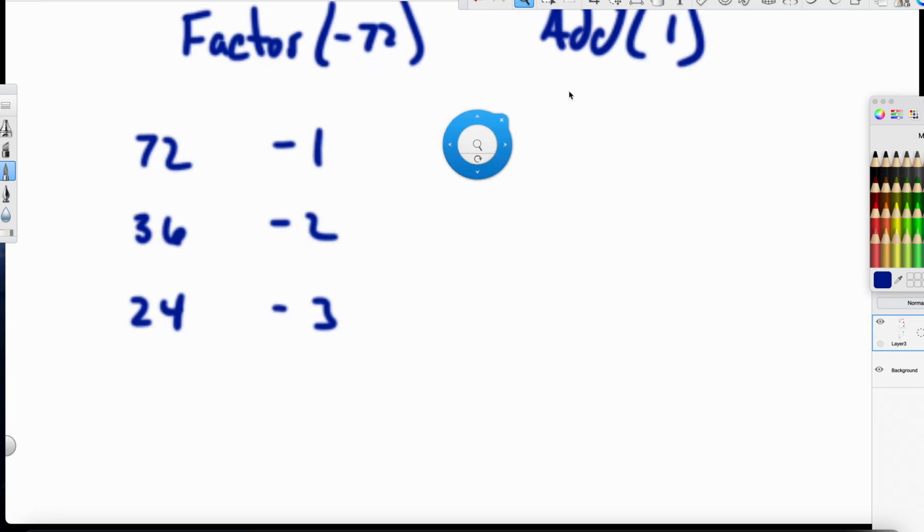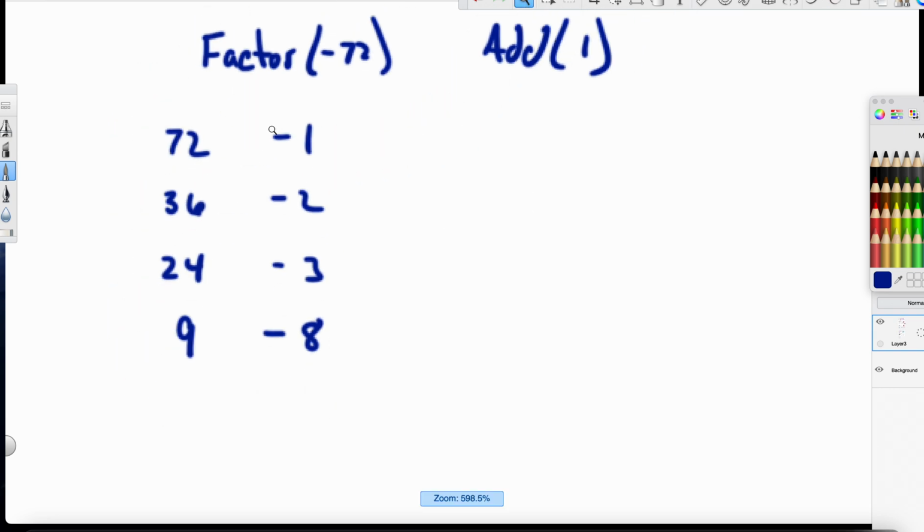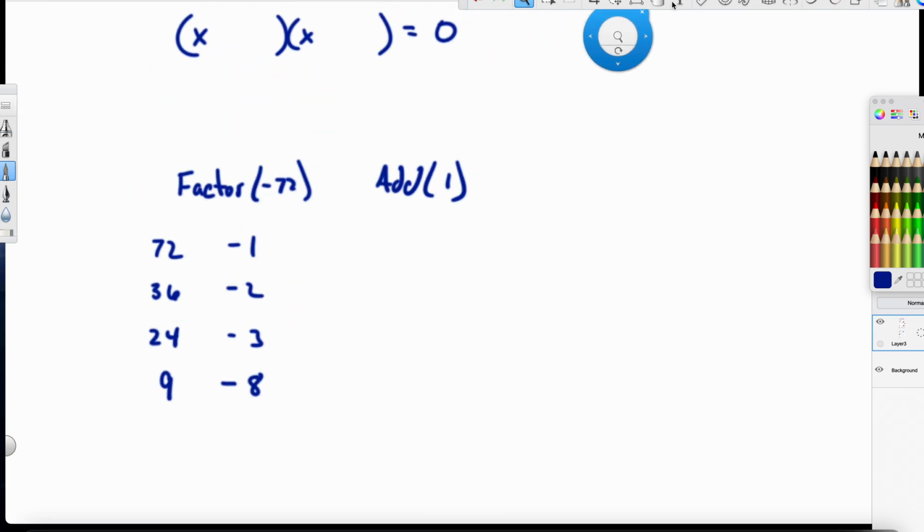And so as we go, I hope you see that the answer is going to be 9 and negative 8. Okay, there's a bunch of factors of negative 72, but because they add to 1, that means the two numbers are only one apart from each other, and one of them's got to be negative. 9 and 8 make 72, but if we make 8 negative and add, we get 1.